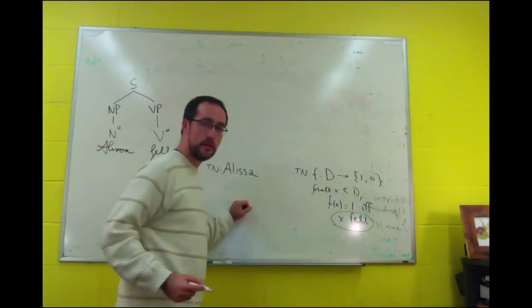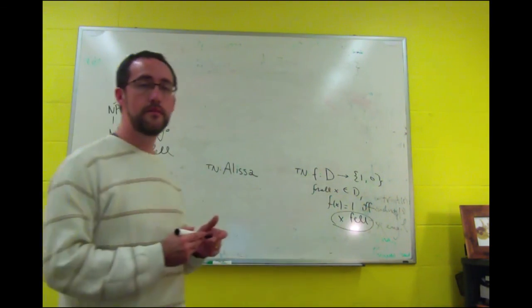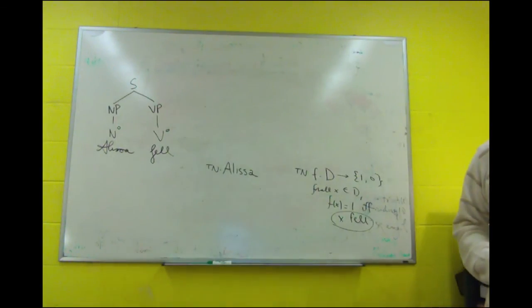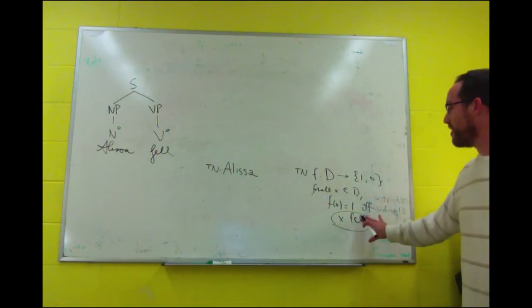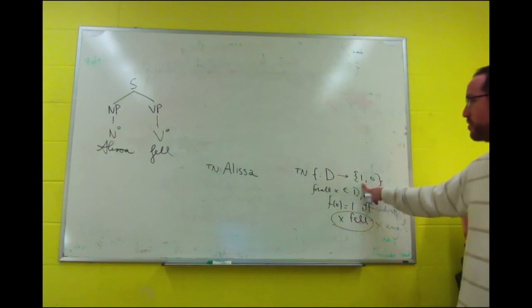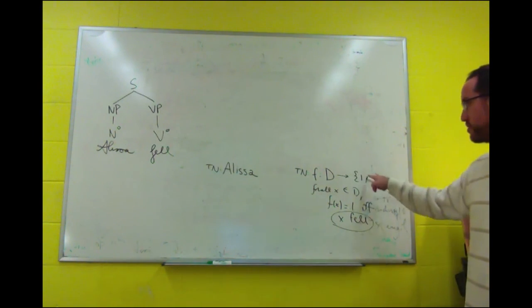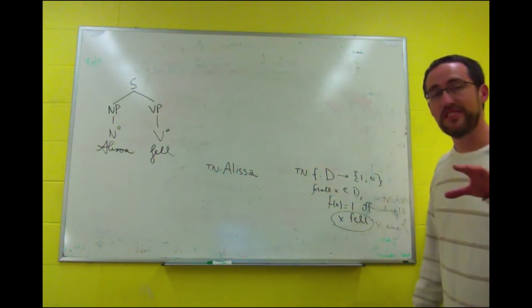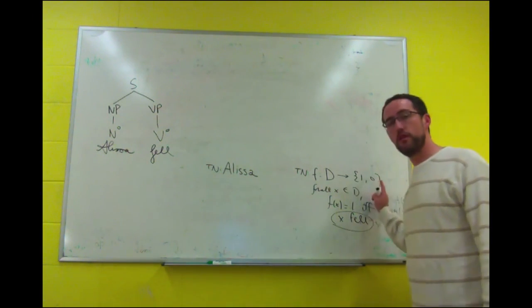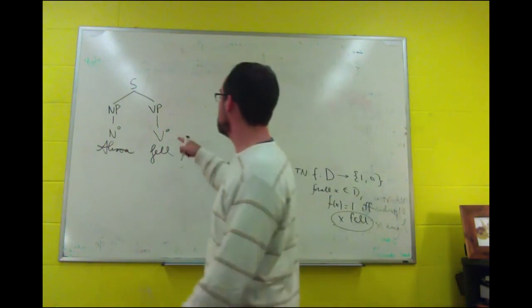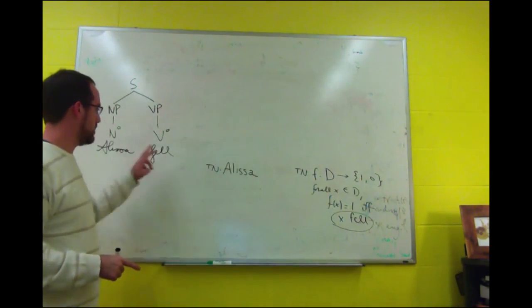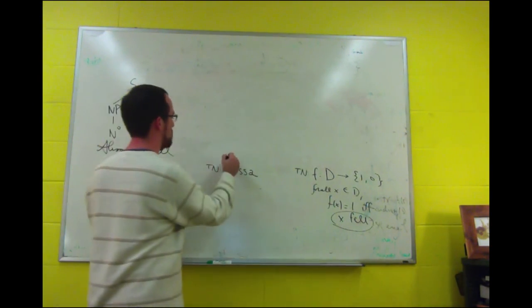So the truth conditions are going to be right here. Plug in x. If x fell, then it's true. Maps to 1. Maps Alyssa to 1, if she fell. If she didn't fall, it will map her to 0.